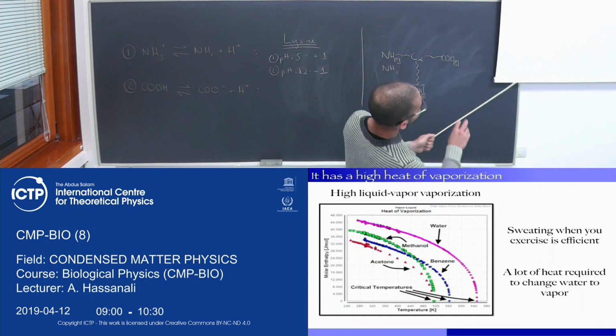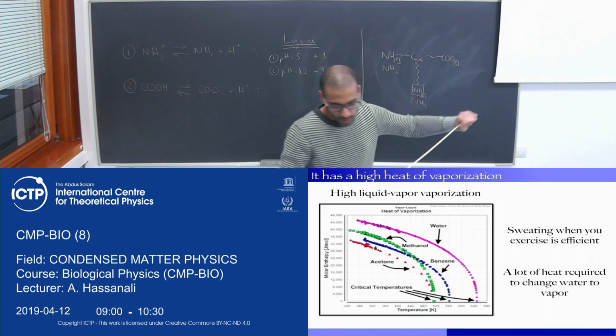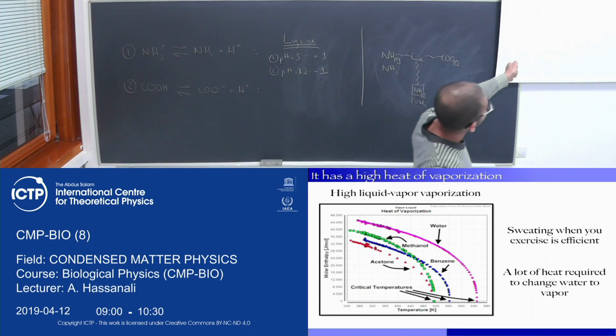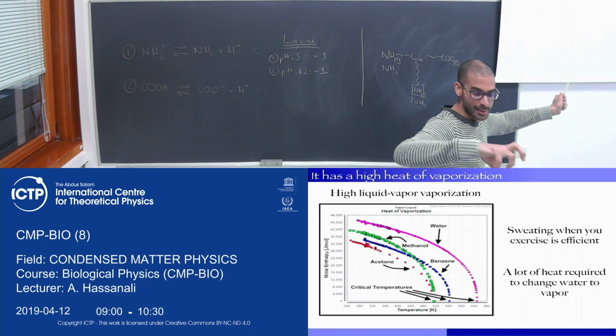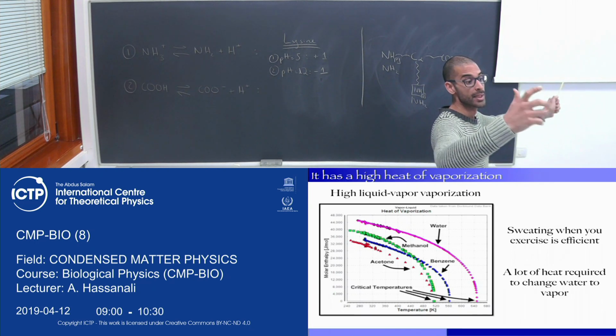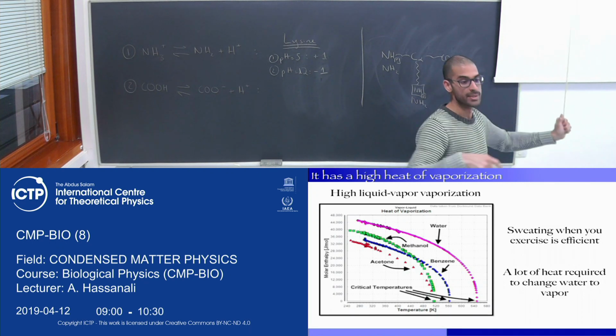Water has the highest heat of vaporization. So you see at all temperatures, the energy required to take liquid water and convert it into the gas phase is the highest for water compared to other liquids. Why is this relevant?